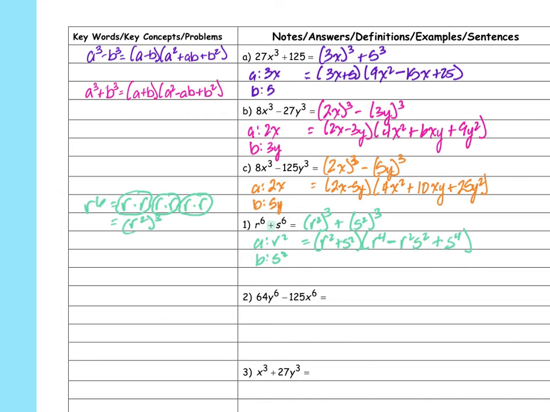Are there any questions, or are we doing okay so far? We're doing exactly the same thing that we just got done doing, only we're using a higher power, okay?